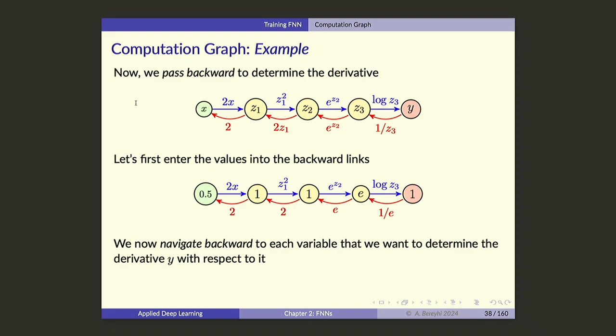But I hope you get the idea how you can calculate the gradient when you think of x, z1, z2, all of them as variables on your computer. You start by giving x to a function in Python, and then you calculate z1, and then you give it to another function in Python and calculate z2, and so on. And now you want to move backward to know the derivative of your very output with respect to your very first input.